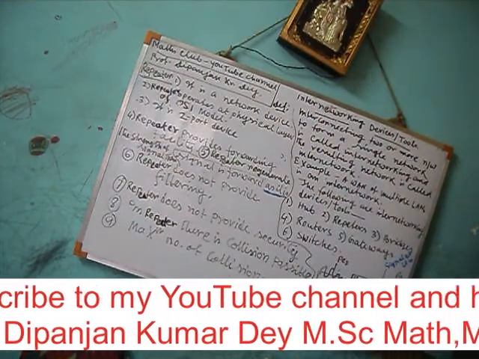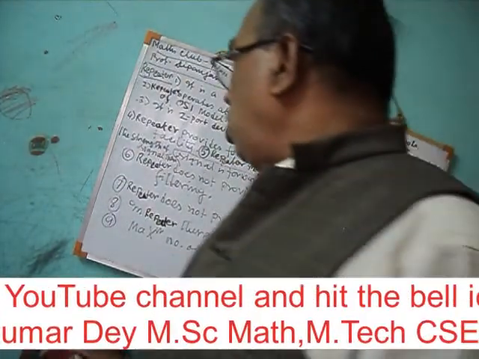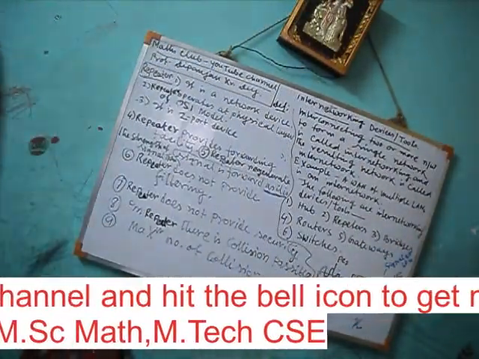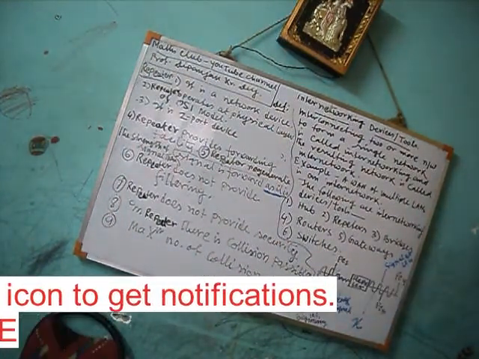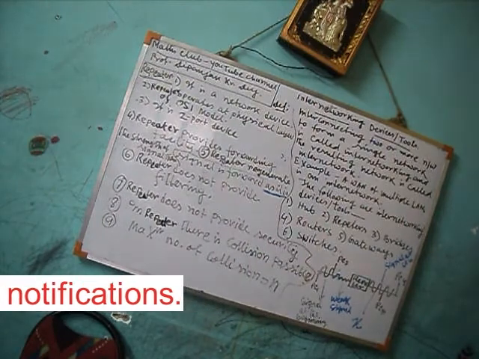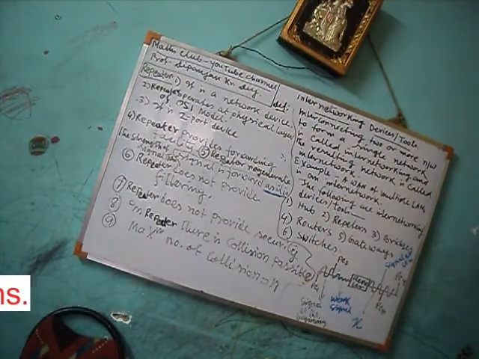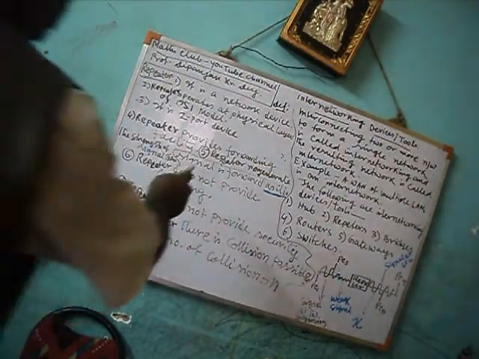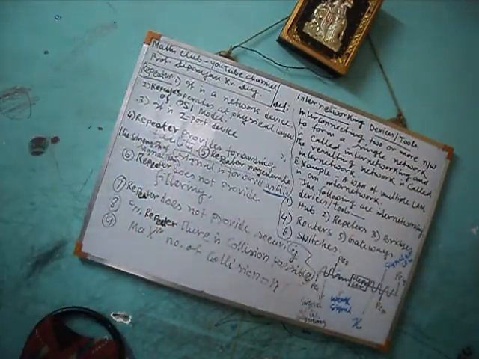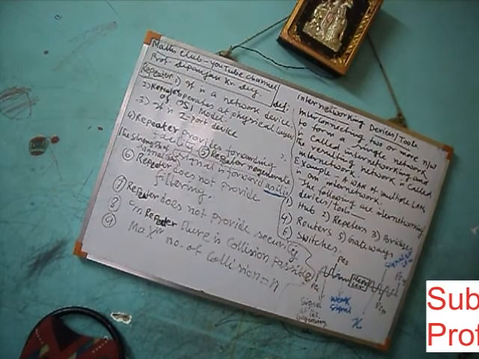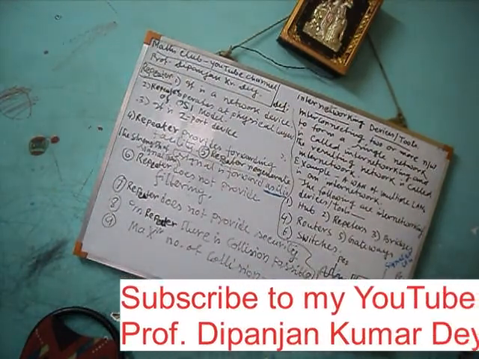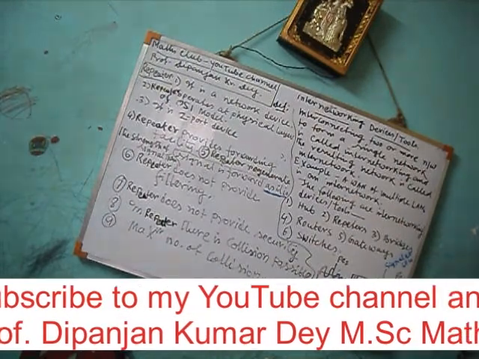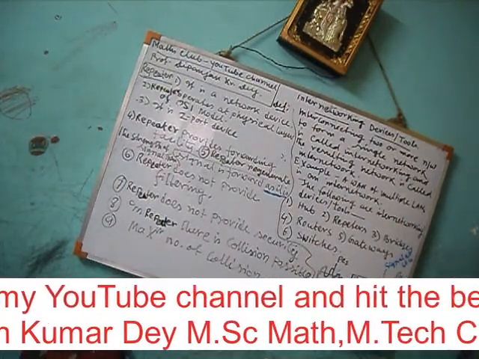Be careful. I think you understand very nicely. Once again, for your convenience: the repeater regenerates the strength of the signal, then the signal is forwarded as it is. When a signal travels, it becomes weak. The repeater receives the weak signal and retransmits the regenerated signal.